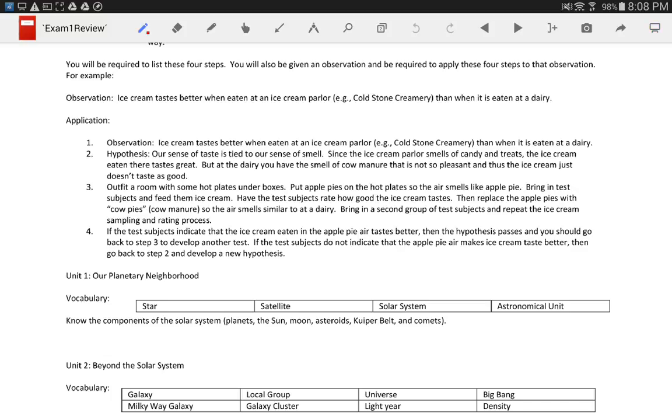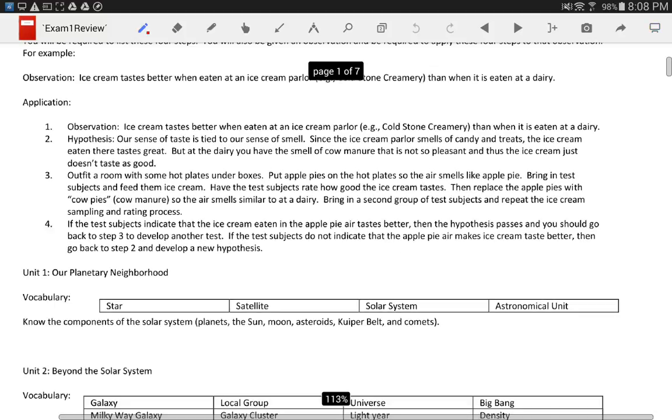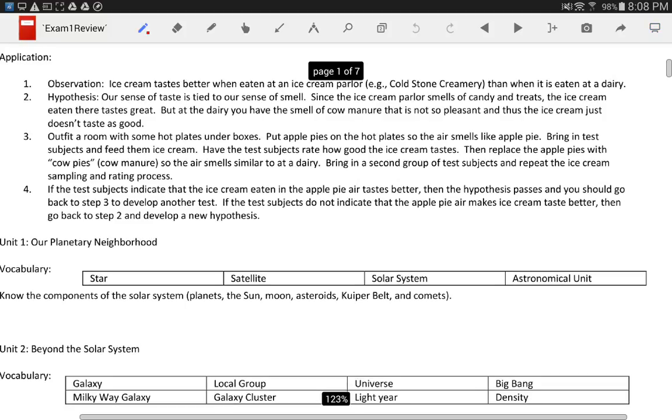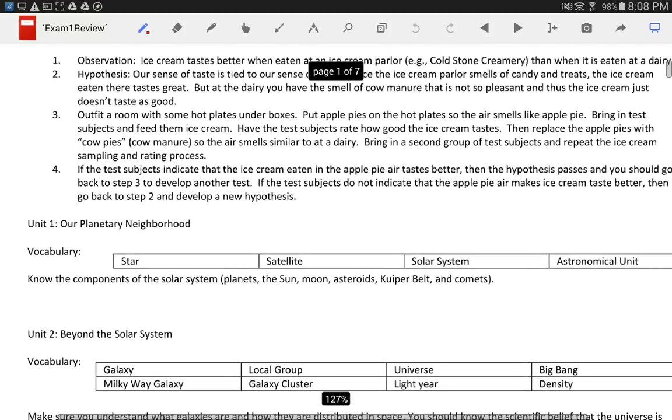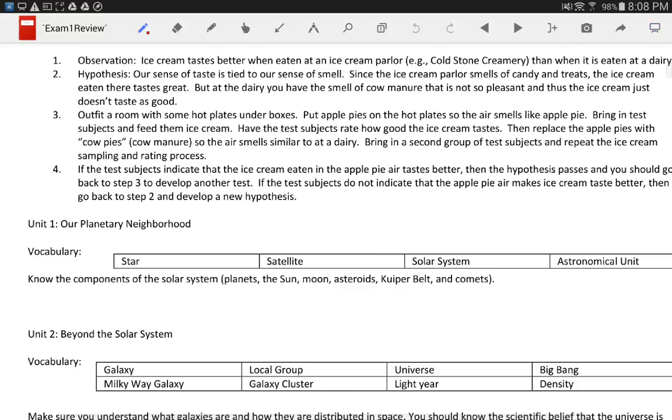Looking at Unit 1. Unit 1, we had words like star, satellite, solar system, and astronomical unit. You need to know what those are. Who can tell me what a star is? Okay, the sun is an example of a star.